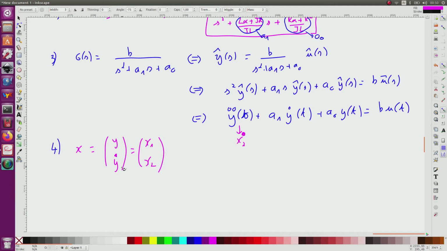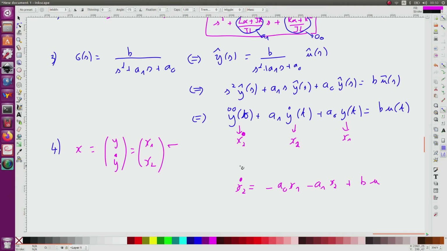As a consequence, I obtain that x2 dot is equal to, isolating this one, minus a0 x1 minus a1 x2 plus bu.